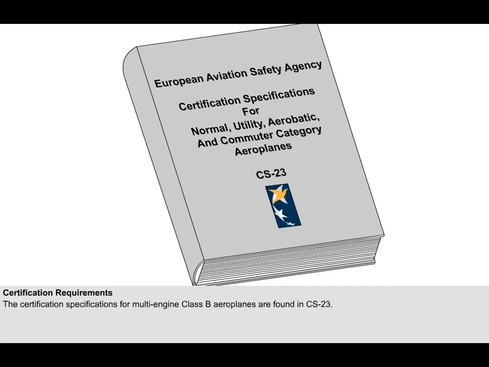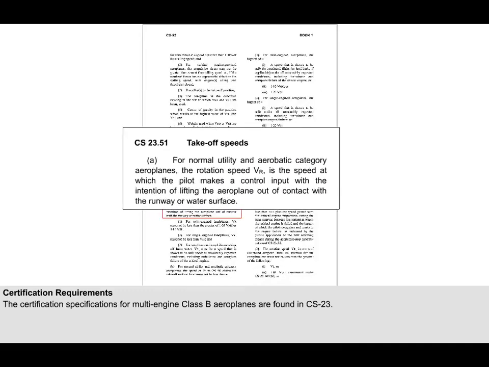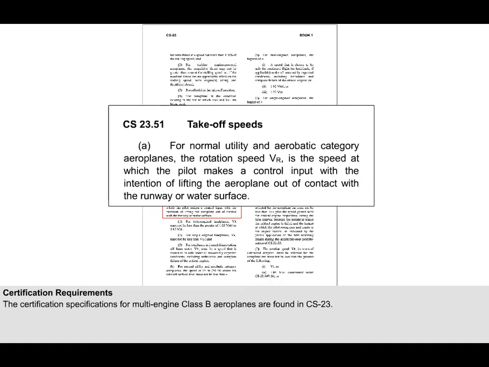These can be found in the EASA document CS23. There are only two main specifications that apply to the takeoff phase of flight, and these specifications concern the takeoff speeds. The first of these certification specifications concerns VR.